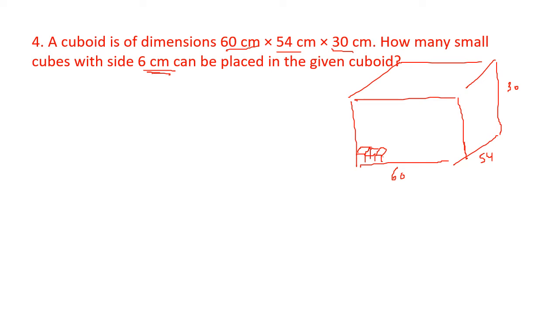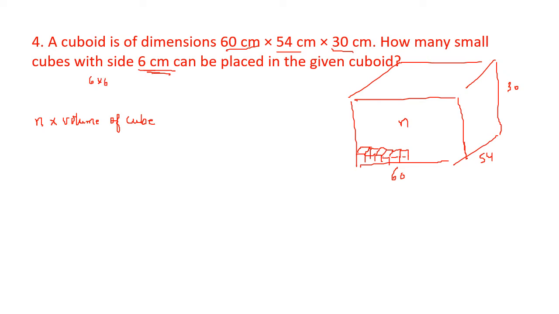So you can see, suppose I start filling it with the cubes. Let us say a total number of n cubes fill up this cuboid. So n into volume of cube, because one cube has got a volume 6 by 6 by 6.